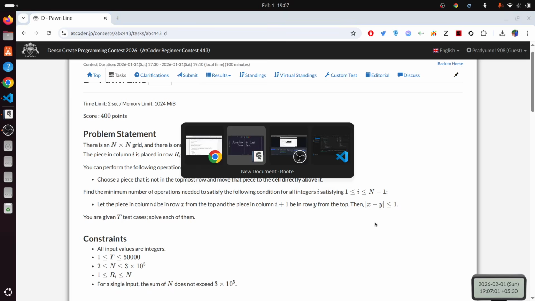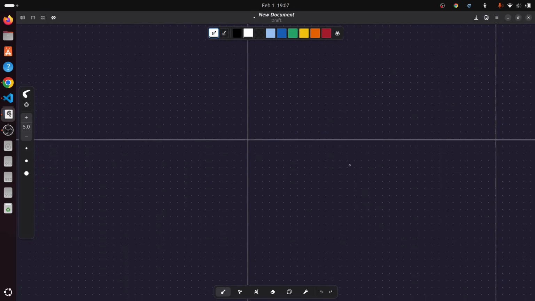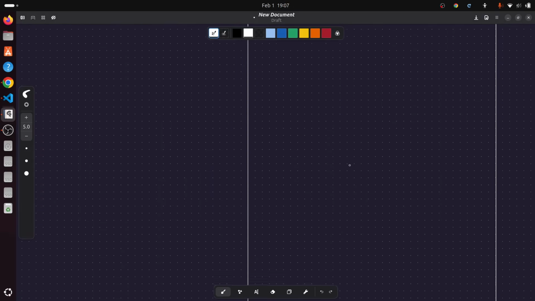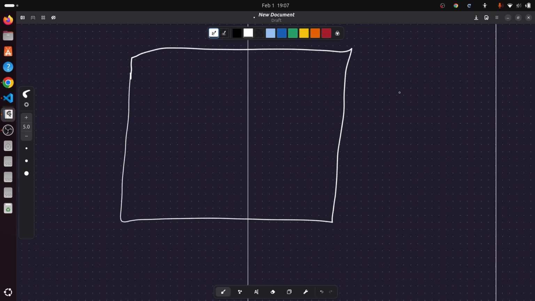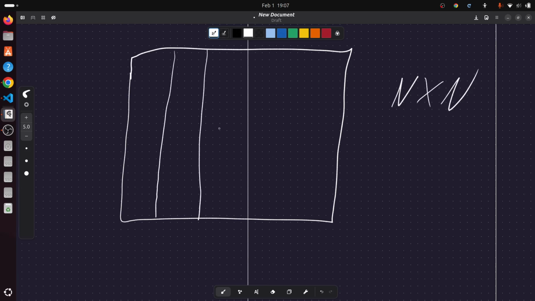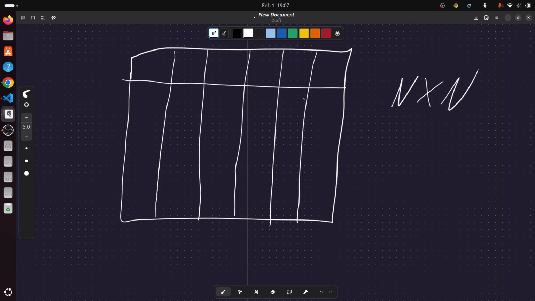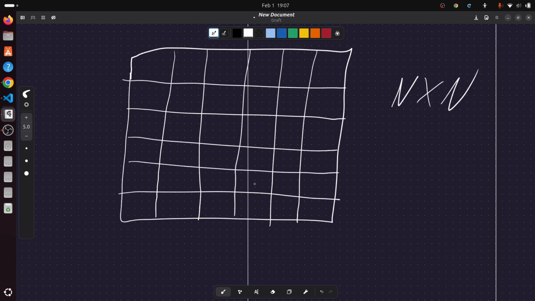Okay, so what they are just saying in the problem is that we have a grid. Okay, we have a grid of size n by n, and there is one coin in each column.